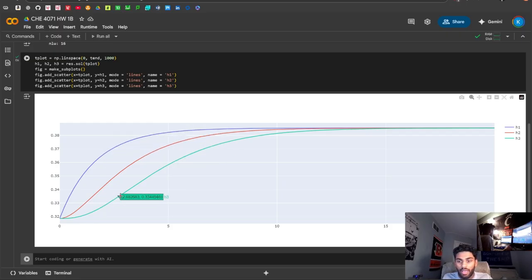And at some time down the line, maybe at 16 seconds or so, we find that the new tank heights are pretty close together and are now approaching a new steady state that is defined by the new flow rate that we give the problem.